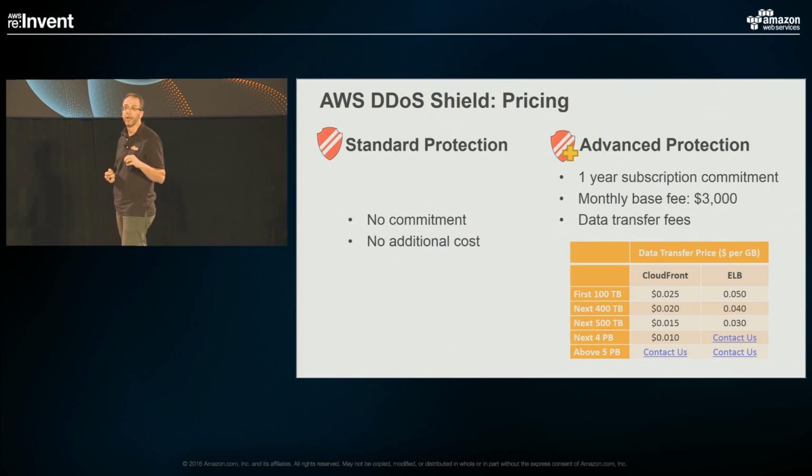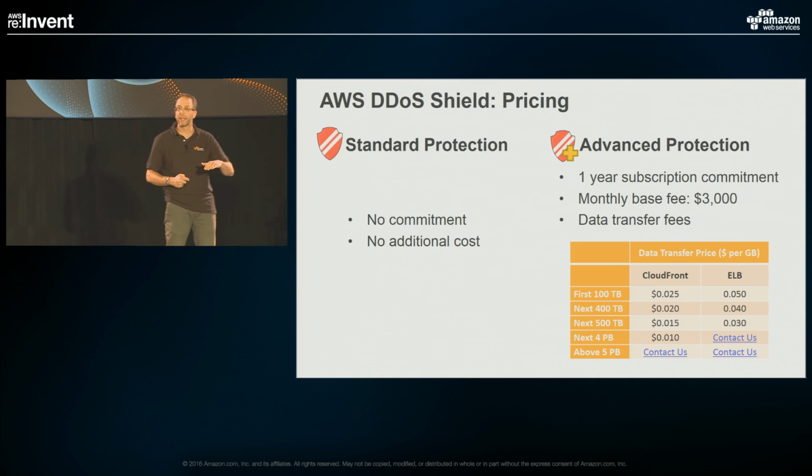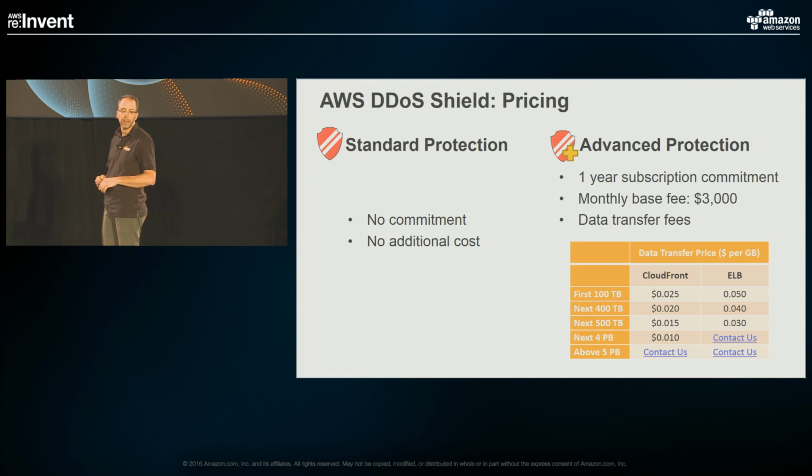You can enable AWS Shield Advanced just in one account, and then through IAM permissions, you can set it up so that with your other accounts, you can specify resources to be protected that are in your other accounts. So you're not stuck paying this $3,000 over and over and over again.